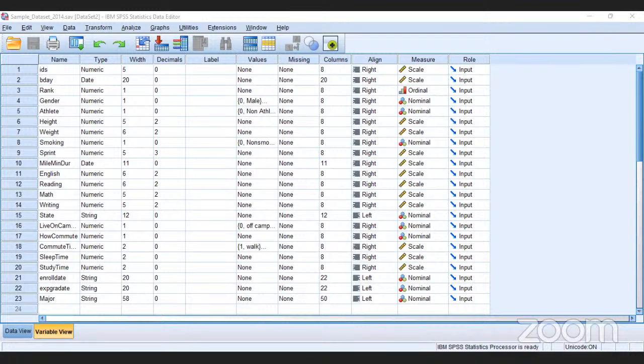Is that what we're taking? What do you think happens? What's the relationship between height and weight?